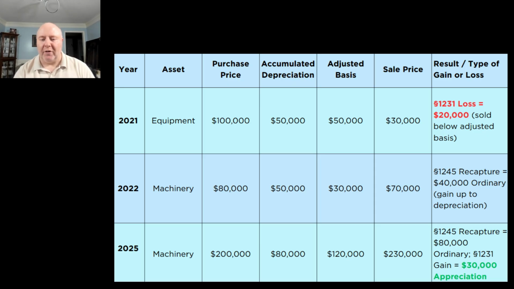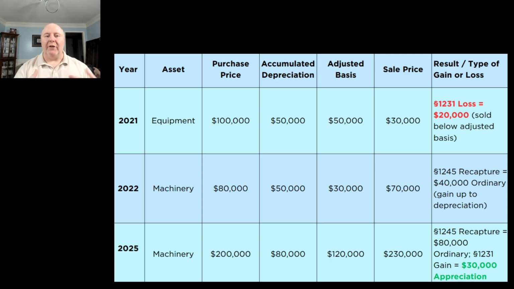So what we have here is $30,000. We said that the adjusted basis is $50,000. So let's go ahead and calculate this out. What is our realized gain? Realized gain is our sale price minus our adjusted basis. So $30,000 minus $50,000, we sold it for less than our adjusted basis. When we sell something for less than our adjusted basis, that means we have a loss.